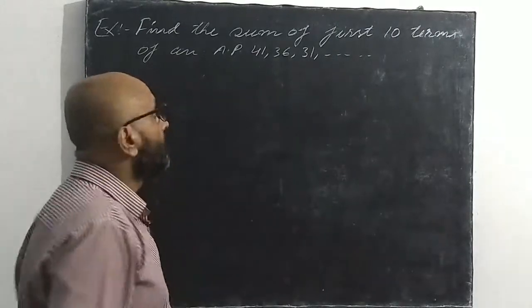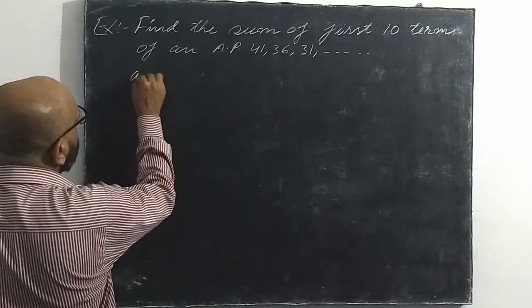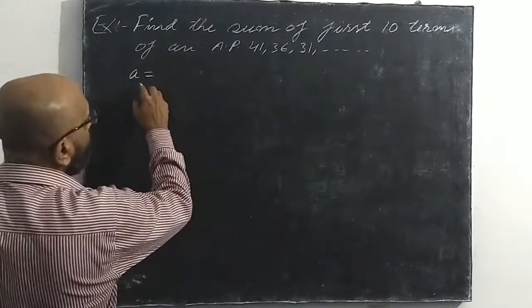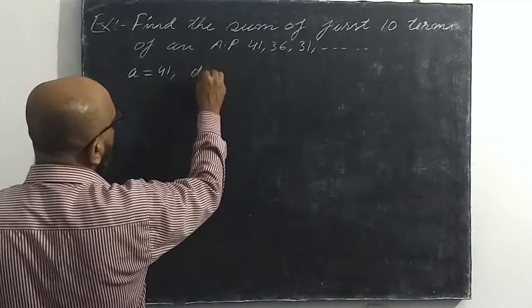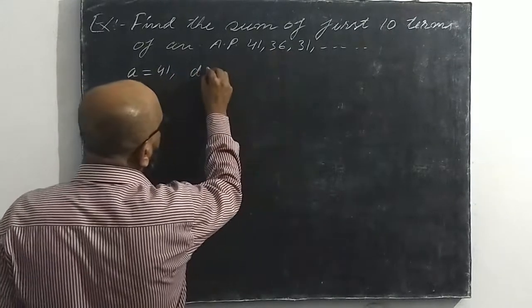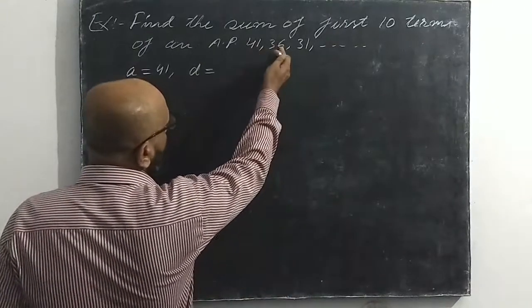So first we have to mention the first term, let it be a. The first term is denoted by a generally. So a is equal to 41, and the common difference is generally denoted by small d, which is always the difference of any two consecutive terms, and generally we find it by subtracting the first term from the second term.